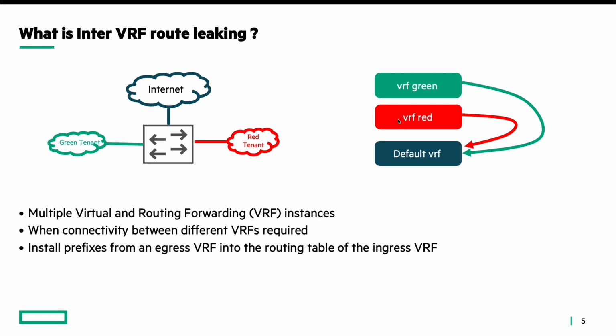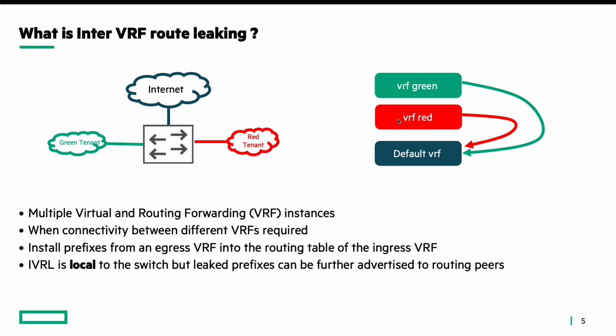So how does it work, more from a technical standpoint? It's the installation of prefixes from what we call an egress VRF, the source VRF leaking the route, into the ingress VRF, which is the VRF receiving the route. So basically, we install the prefix from a routing table in one VRF into another routing table in the ingress VRF.